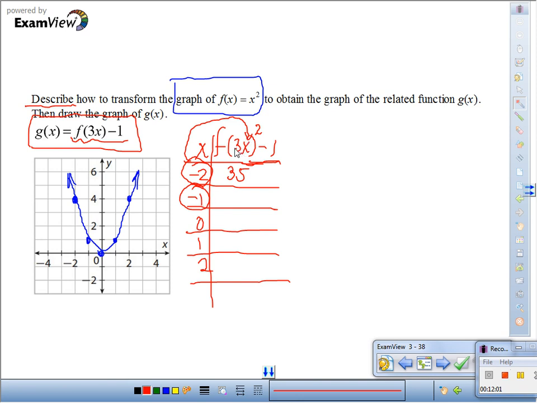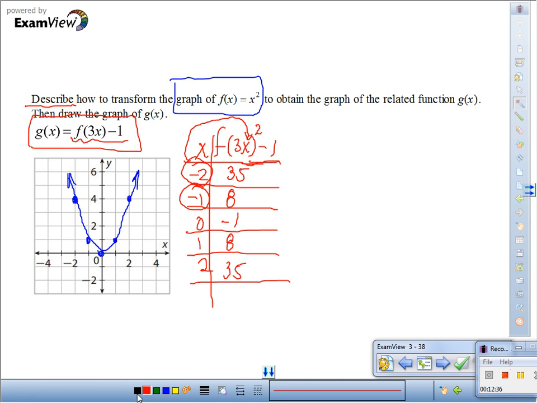Hold on, I think I need another sip of coffee. -3 squared is 9 minus 1, that's 8. 0 times 3 is 0, and we're left with -1. 1 times 3 squared is 9 minus 1, that's 8. And 2 times 3 is 6 squared minus 1, that's 35.